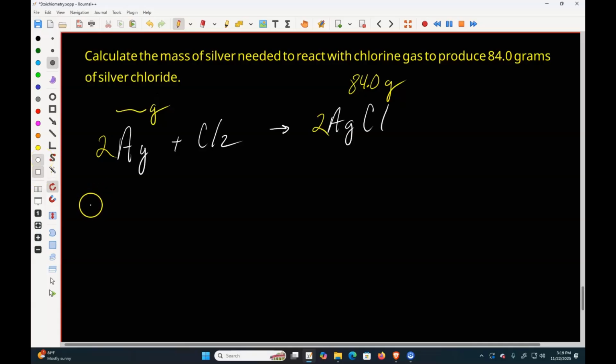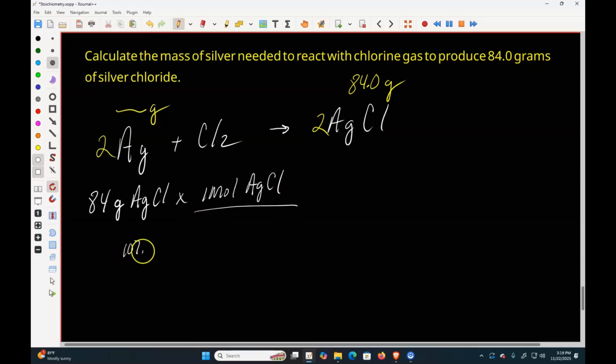So we'll start with 84 grams. Convert it into moles. Okay, silver is 107.9. Chlorine is 35.45.